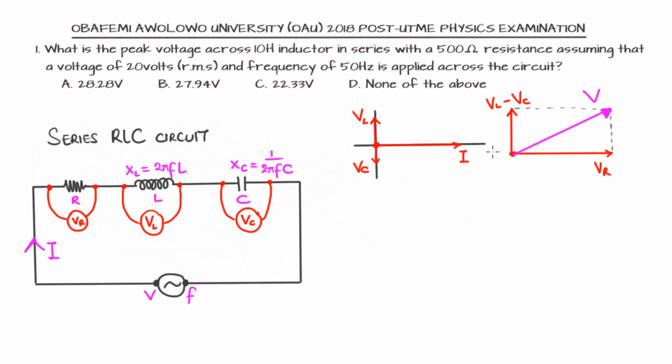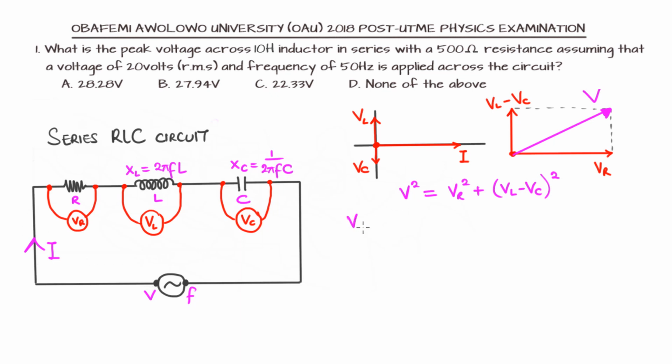And we know that by that, we are going to have V raised to power 2 is equal to VR raised to power 2 plus (VL minus VC) all raised to power 2. Okay, that's just like the Pythagoras theorem.